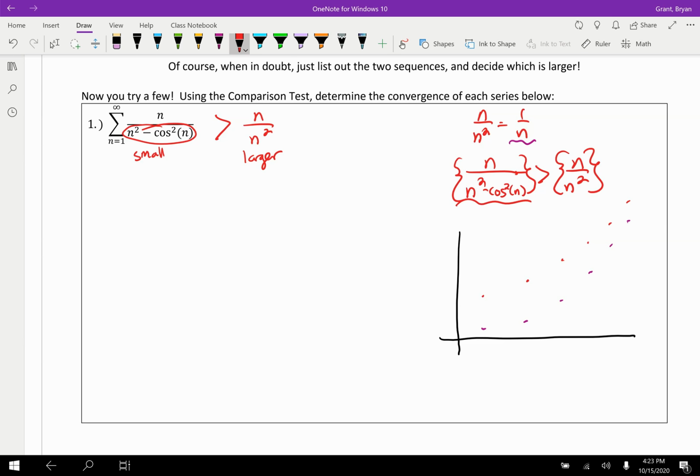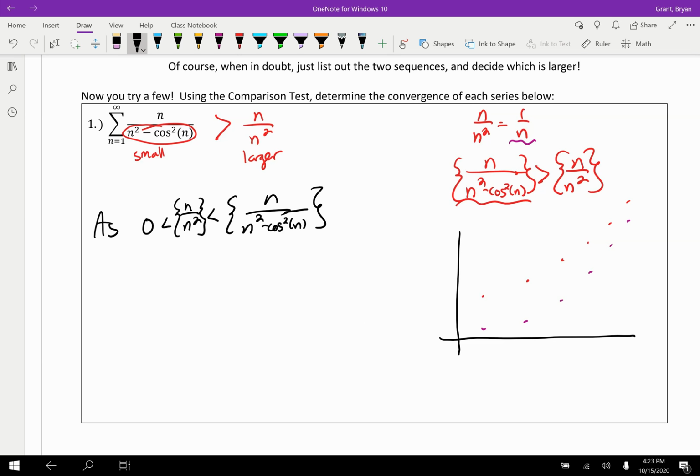So now we can conclude with our direct comparison test. So we'll do something like this. 0 is less than, what's my next largest? n over n squared, which is less than, I'm trying to get the 0 in there this time, n divided by n squared minus cosine squared of n.